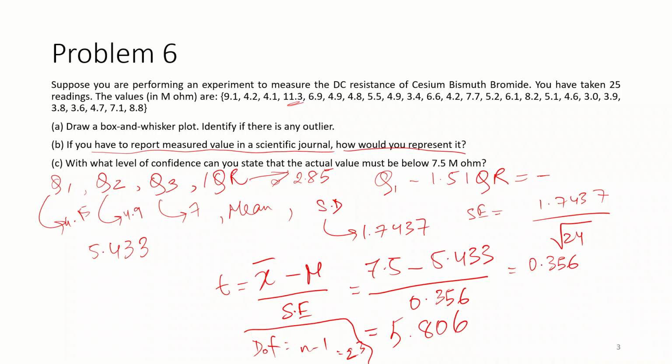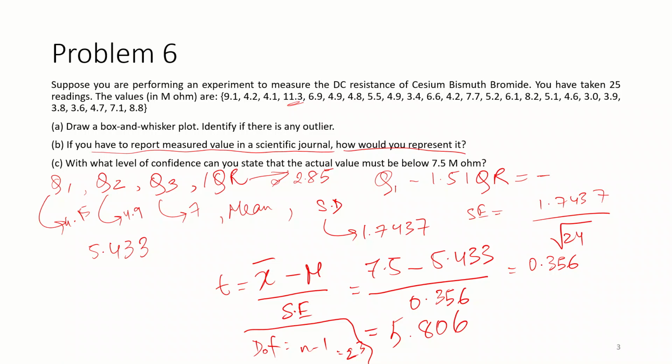At what confidence level do we check? You can check at 95 or so, then it's not an issue. If the confidence level is not given, we should consider by default 95% confidence. You can take it as default, or otherwise you have to tell that if the value at the table is smaller than this, then you can tell with more than 95% confidence.